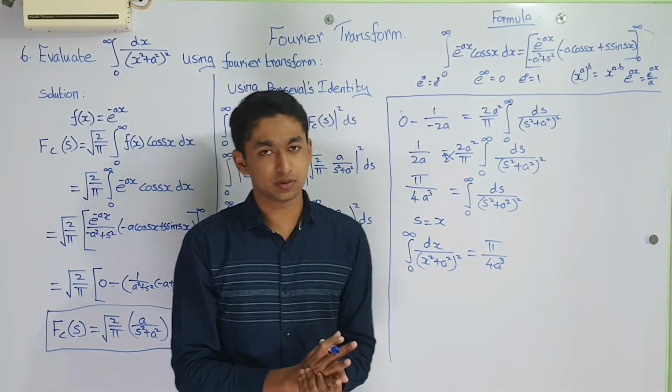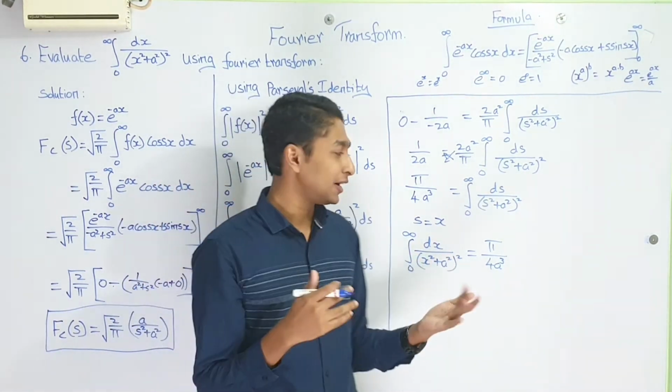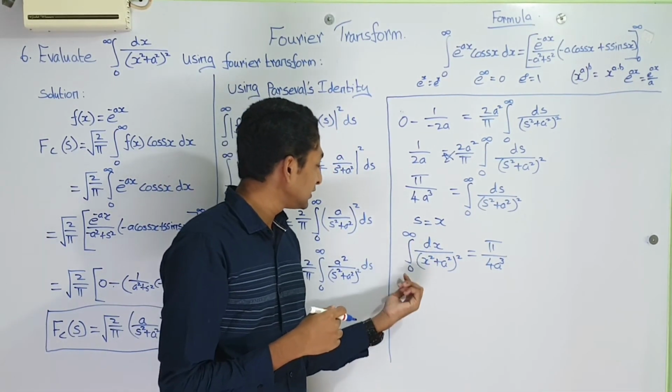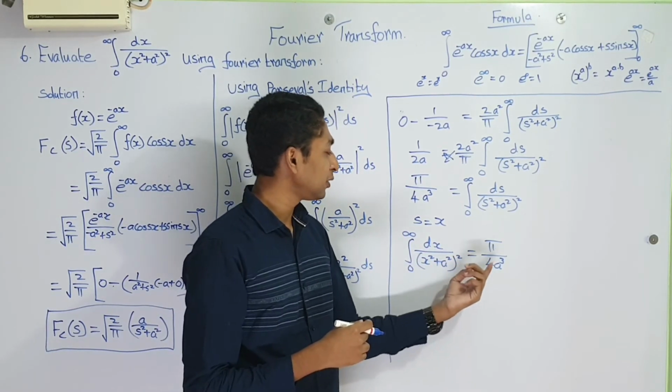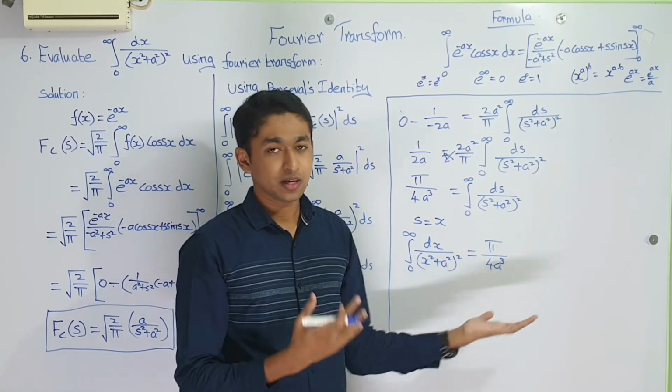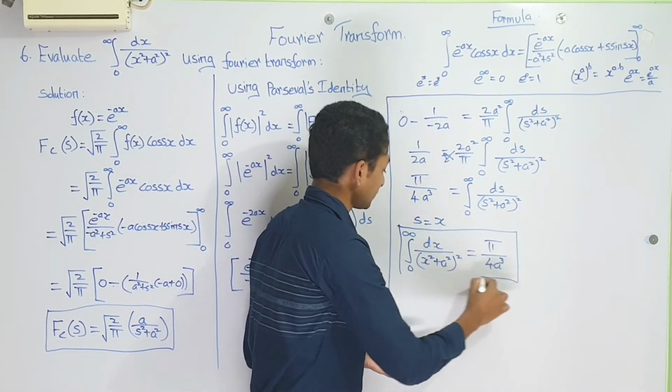So now we have proved. The left hand side is as in the question, and that's the value: integral 0 to infinity dx divided by x square plus a square the whole square is equal to pi divided by 4a cube. Now we have got the answer. So this is our final answer.